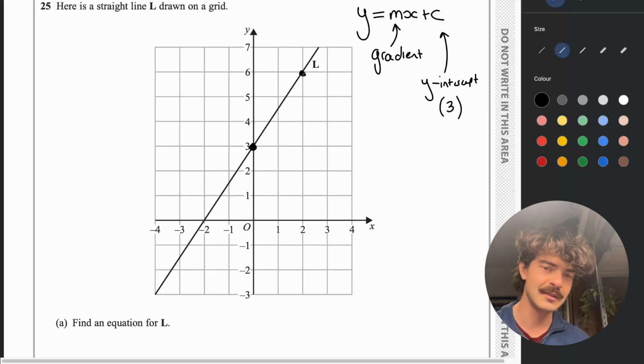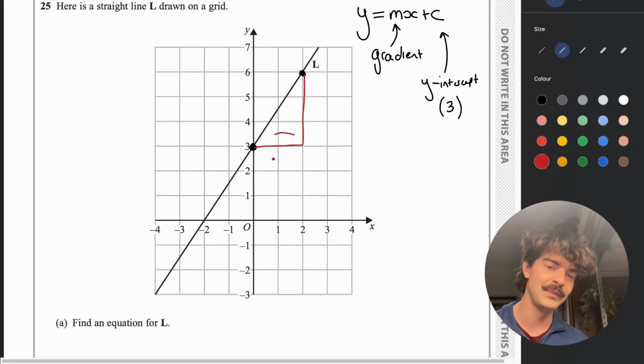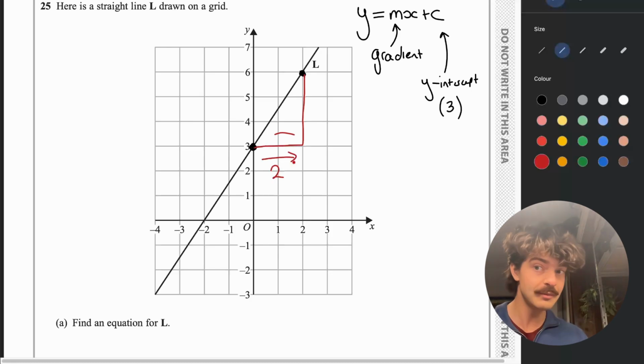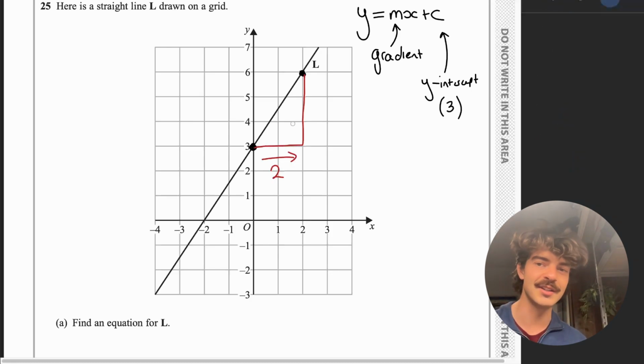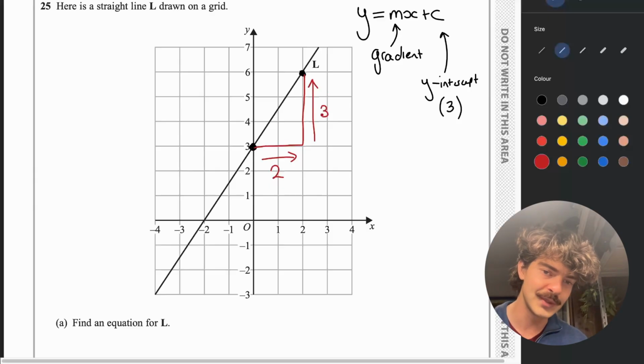And to do this, find a pair of coordinates that align very nicely on the graph with your line. Here are two. Draw yourself a triangle and think about how much have you actually changed on your x-axis. And you want to be thinking as you move to the right. Okay, so we've moved 2 to the right. And then, how much have we changed in our y direction? Well, we've moved 3 upwards.